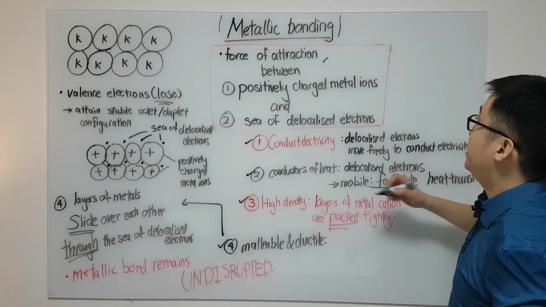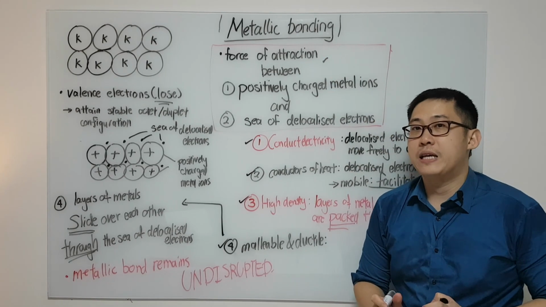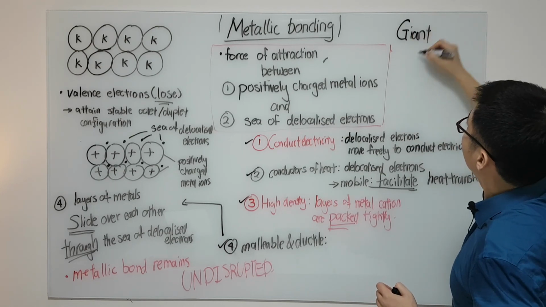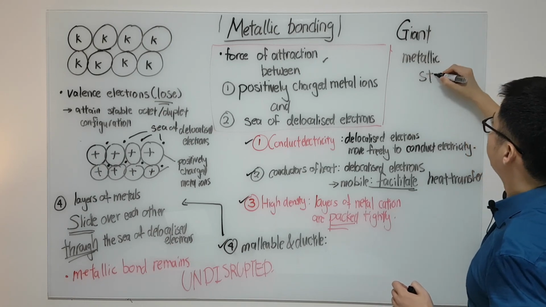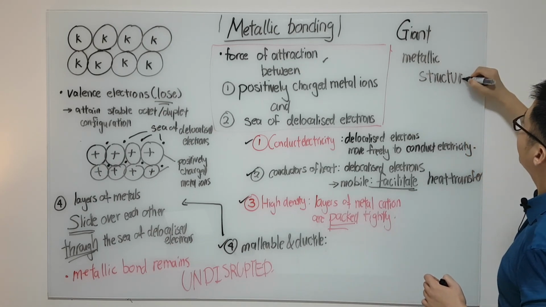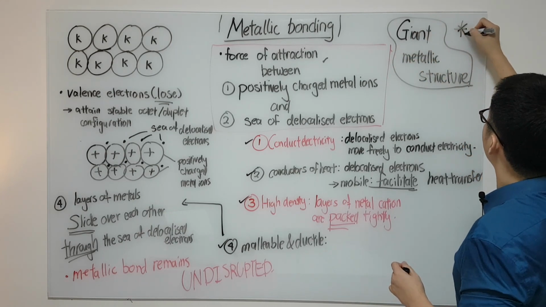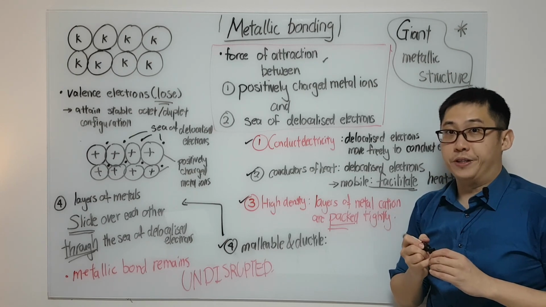And just one last thing, because of metallic bonding, the structure that metals have is what we call a giant metallic structure. This is a structure that metals have because of metallic bonding.